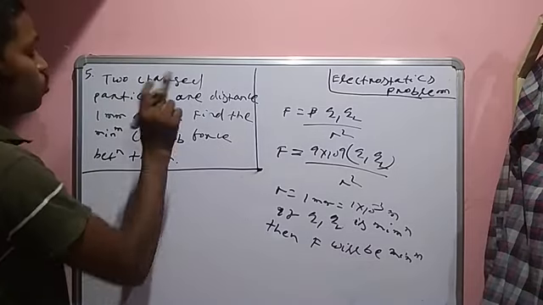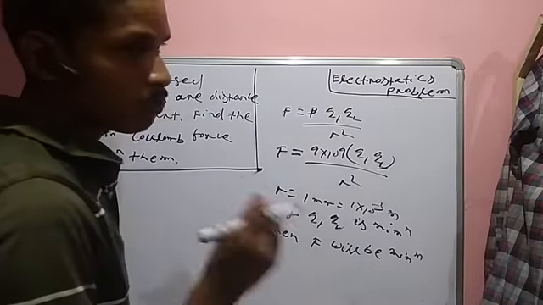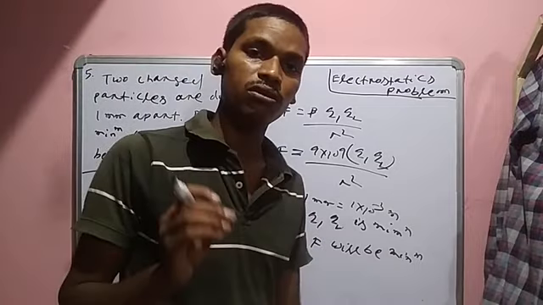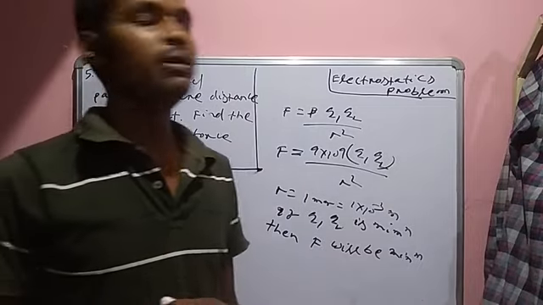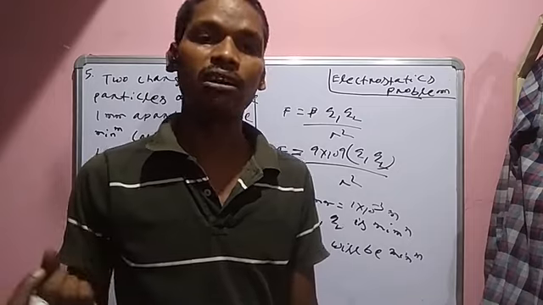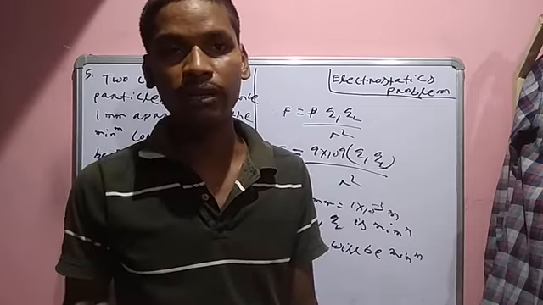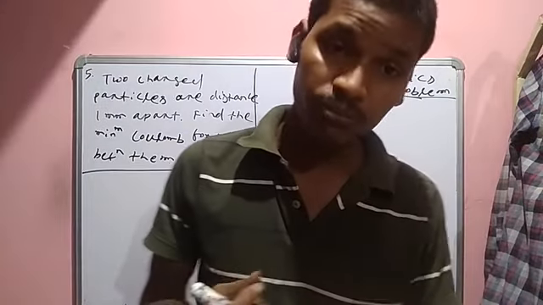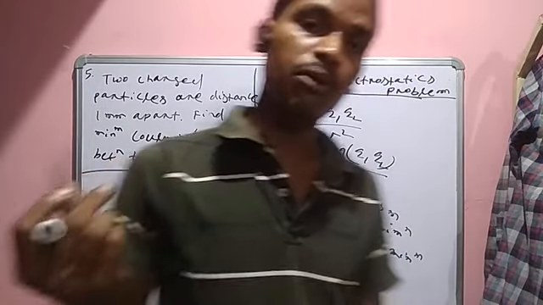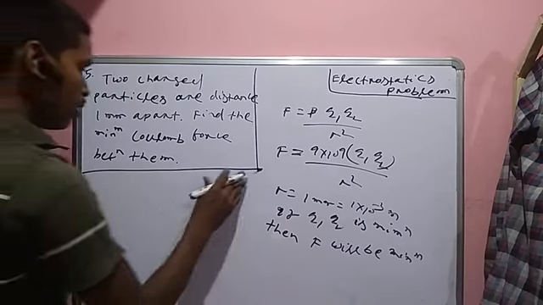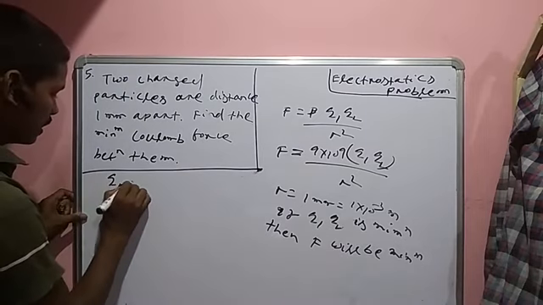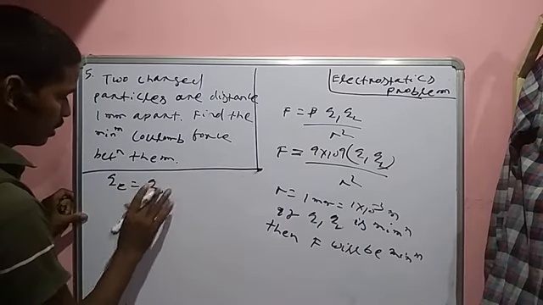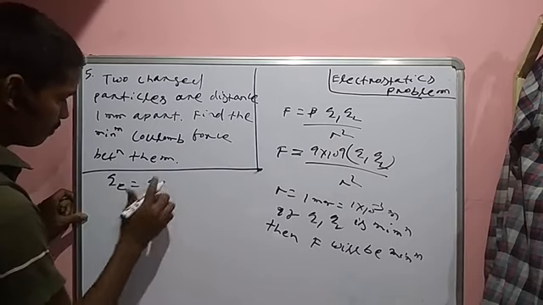Suppose the two charged particles may be two electrons, two protons, or a proton and an electron. Yes or no? Suppose we already know the charge of an electron is equal to the charge of a proton in magnitude.